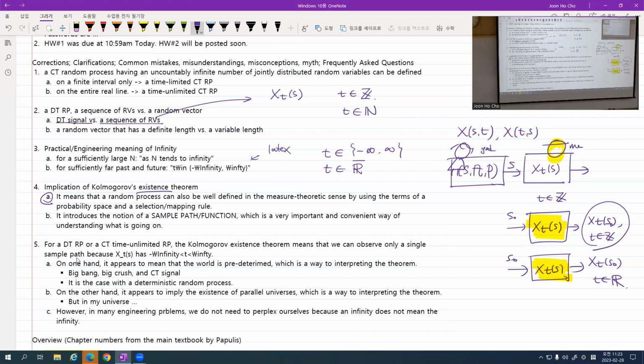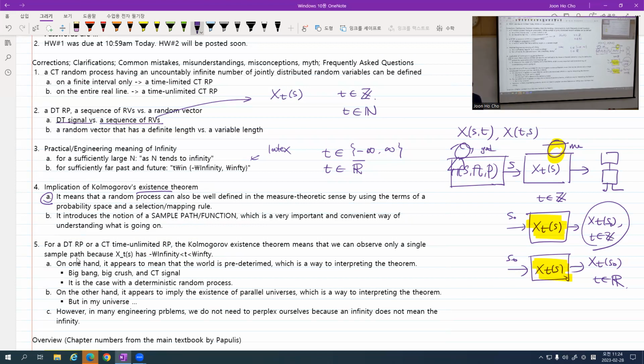And if I am given some S0, I have a jar or collection of many sample paths. Given S0, I find which one is labeled as S0, and I find it and give it to you. And you are here, right? And in order to be more neutral, I may write this. You are there and you observe. And this is the measure theoretic definition.